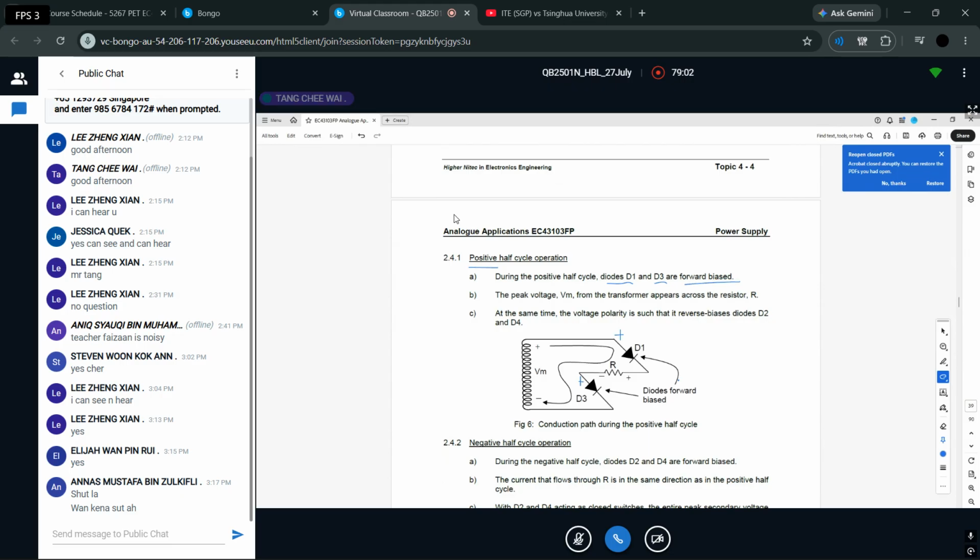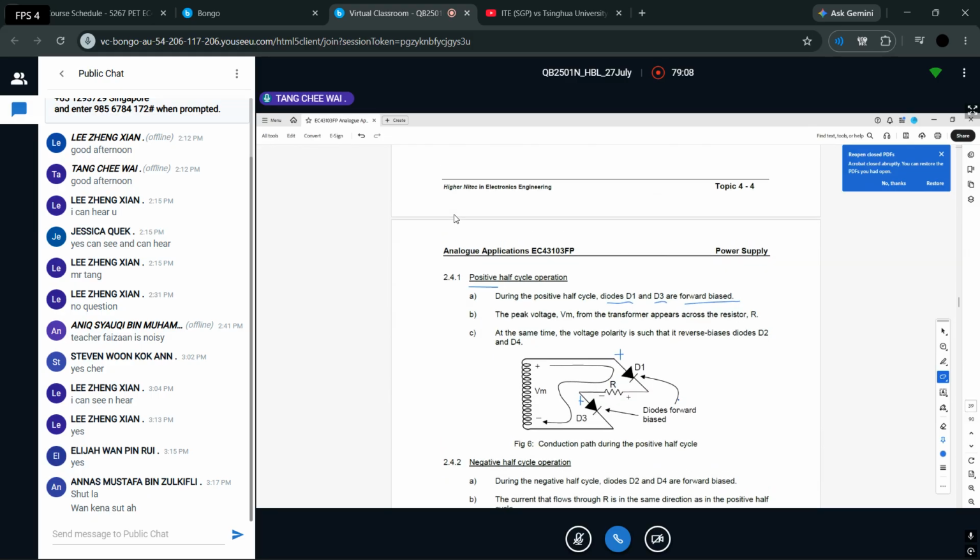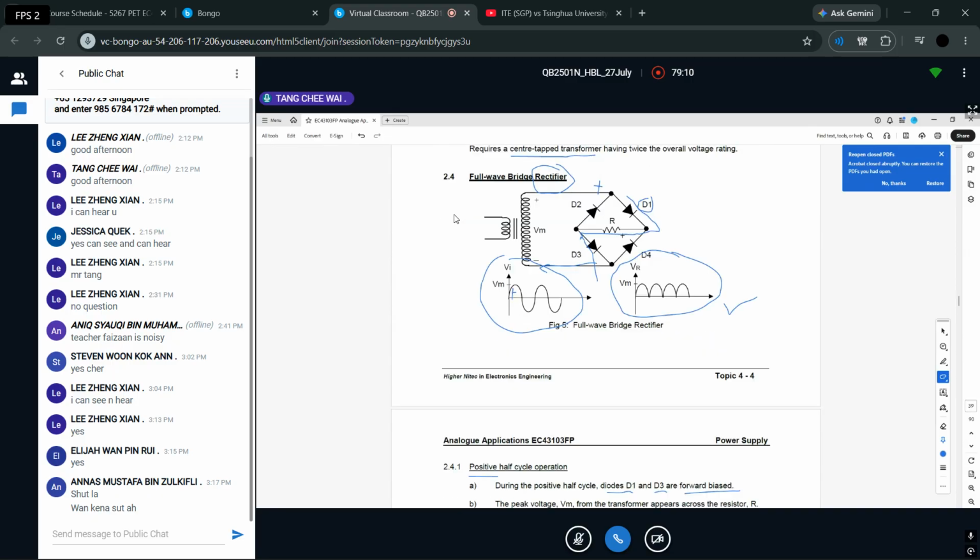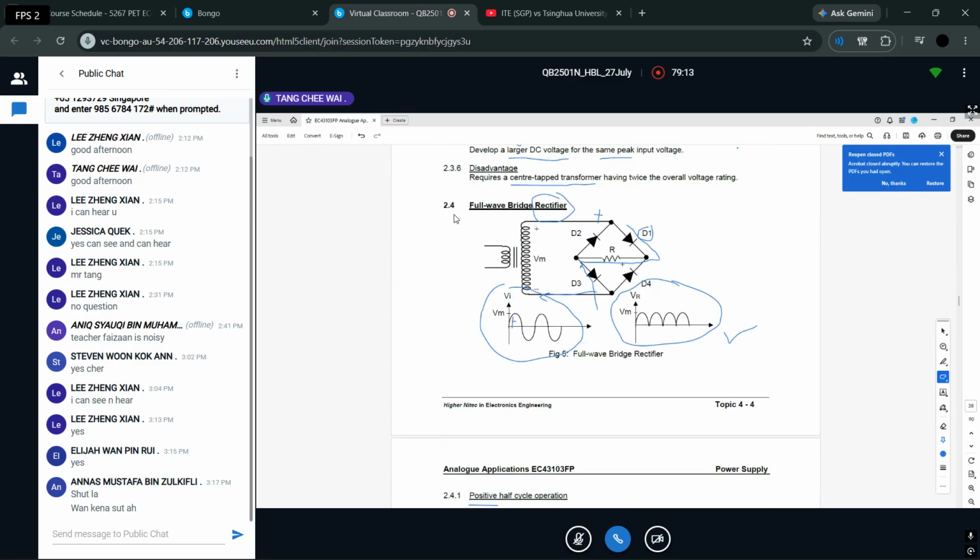And now obviously D2 and D4 are reverse bias. How? Because when your positive comes here, the negative of the diode is here. So it's reverse bias. Current will never pass through here. D2 will never conduct because it's reverse bias. Same for D4.